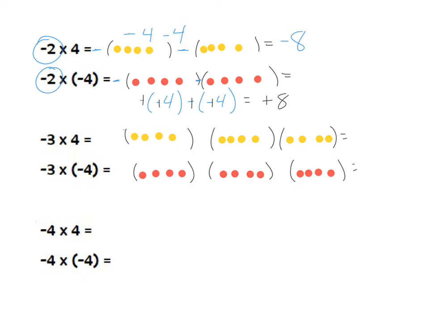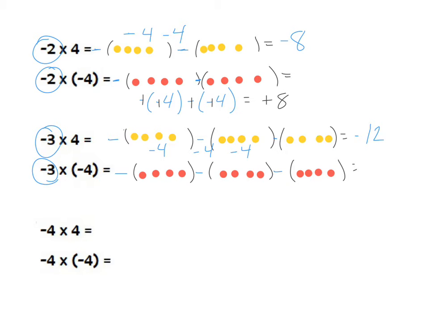Okay, same thing down below. So here we've got negative 3 times 4. So I'm going to subtract all of the groups instead of adding them, which means I've got negative 4 minus 4 minus 4. That's negative 12. Here again, I'm going to do minus 4, but I'm going to subtract it 3 times instead of adding.